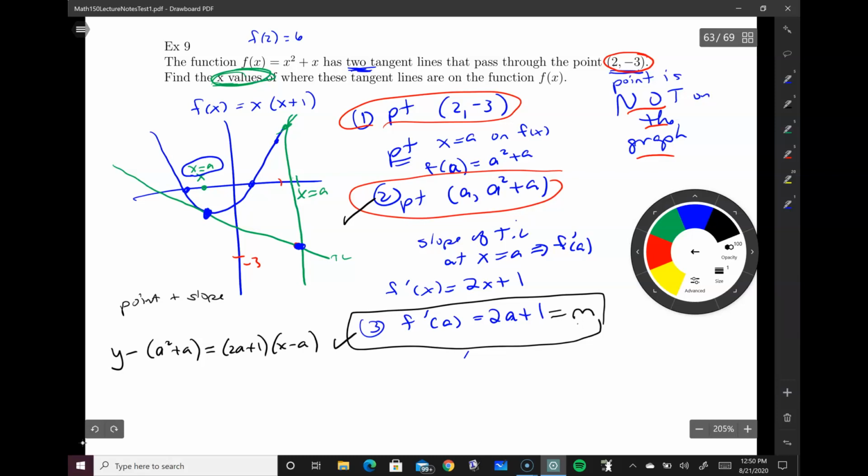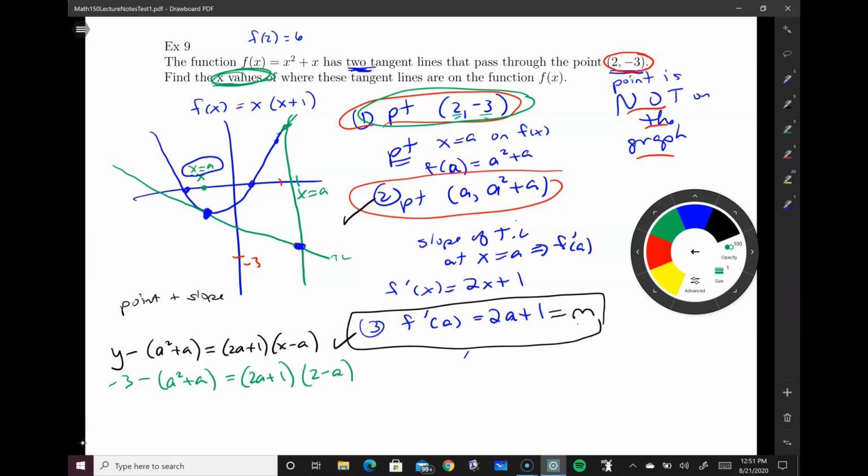So use the point a, a squared plus a, and this is the slope. All right, so now I'm going to use this point to put in for x and y. So I'm going to put -3 in for y, carry along the rest of it, and I'm going to put 2 in for x.